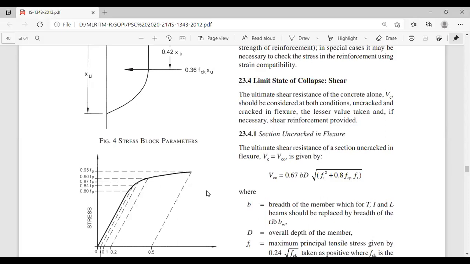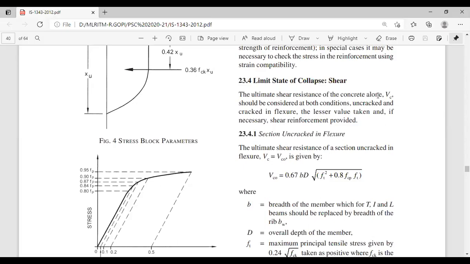Same like that, shear strength is also very, very low, approximately 8 to 10% of the compressive strength. So concrete has poor capacity to take care of shear load. So we have to provide adequate shear reinforcement.